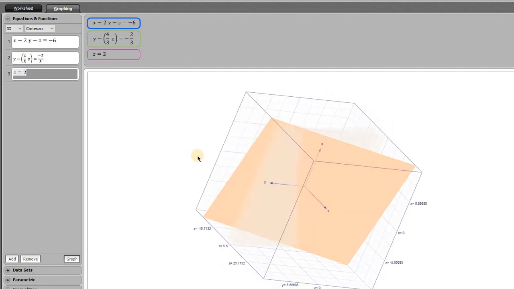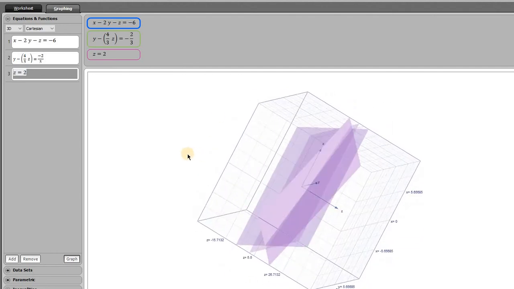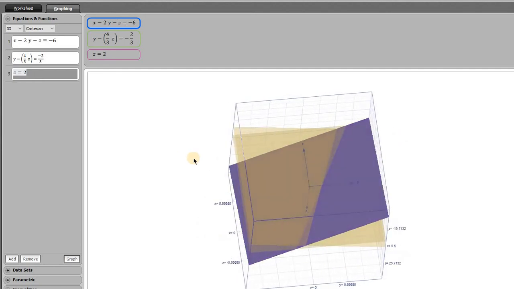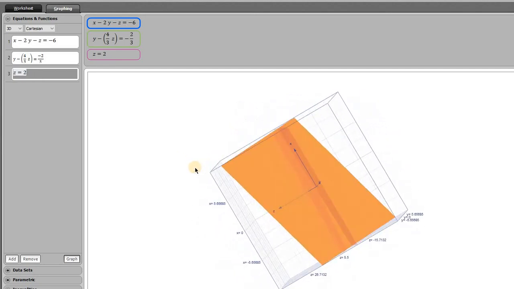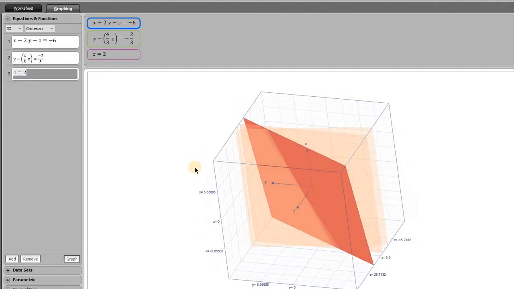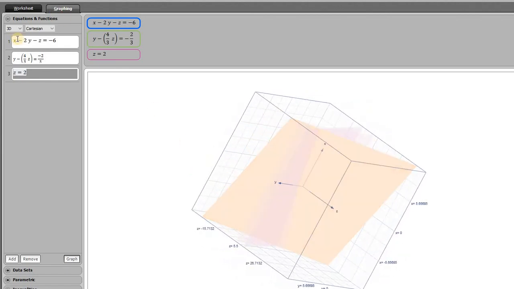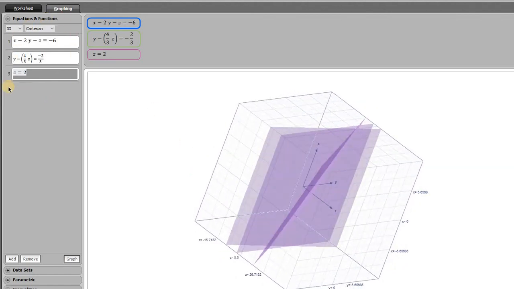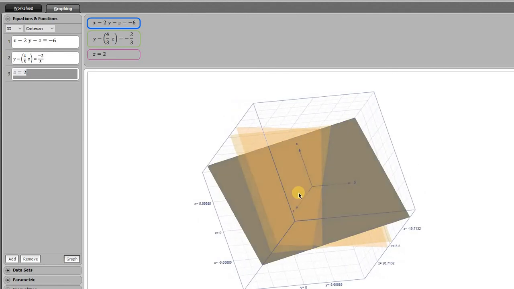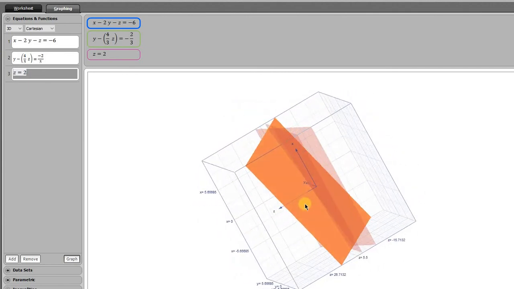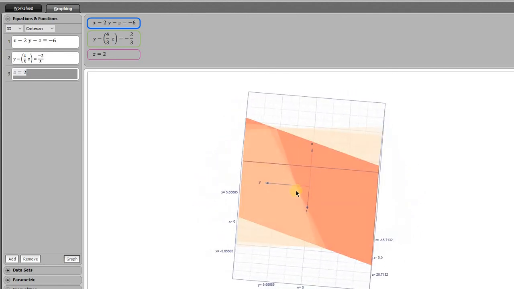So what's cool about this is that since we found a solution set, we know that this system of linear equations has a consistent solution. And that means the graph or the planes of these three equations should intersect at some point, right? And if you look closely, it looks like they do.